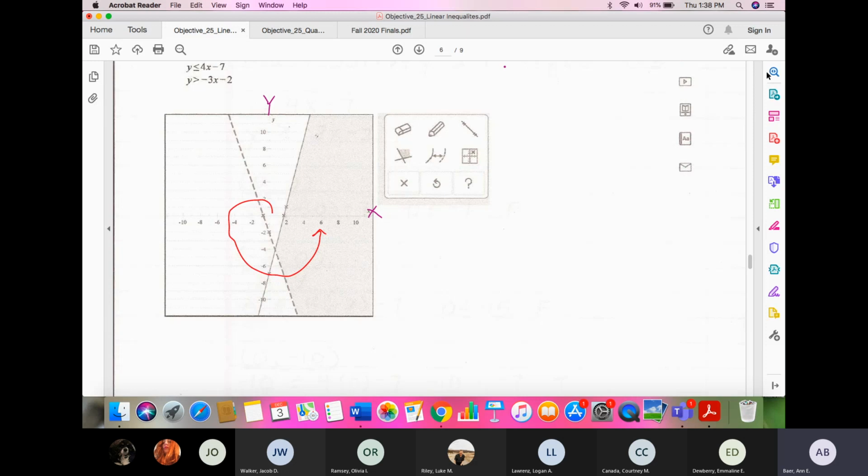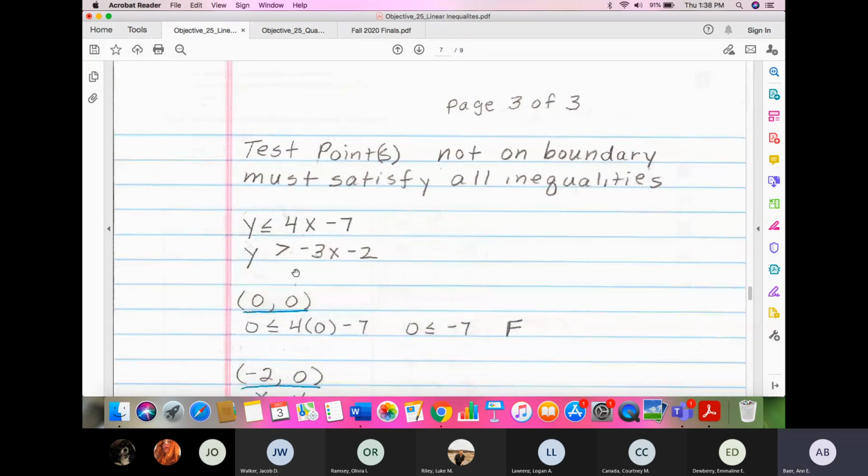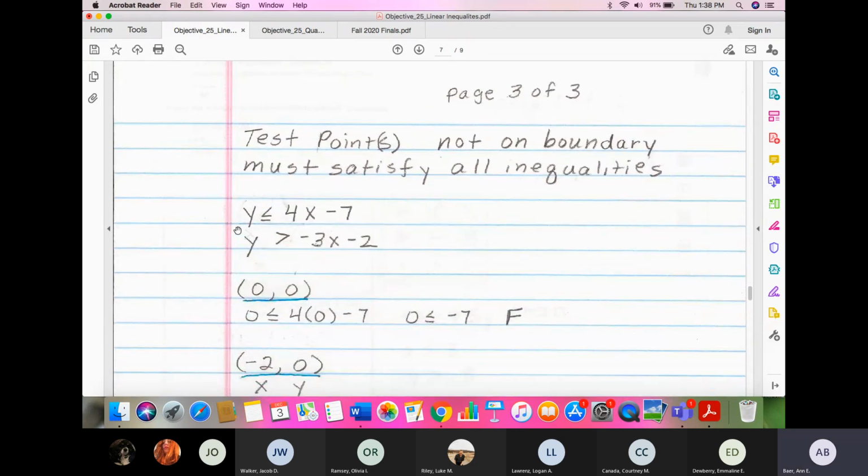So let's first start by choosing a test point in a particular region. If you can, I would start with 0, 0. And let's start with 0, 0. And I copied over our two given inequalities right here.